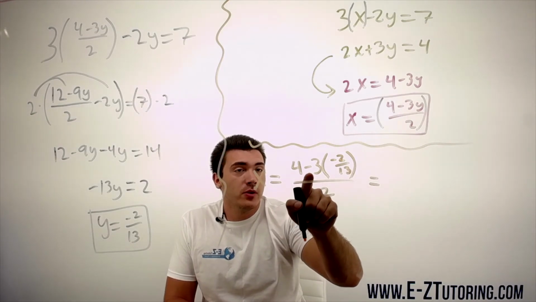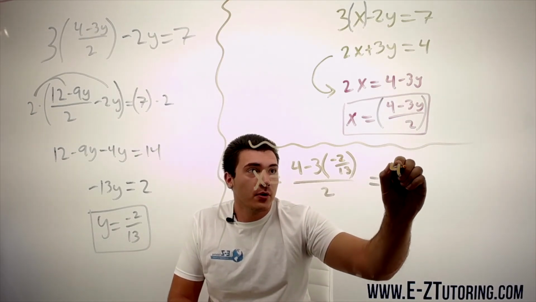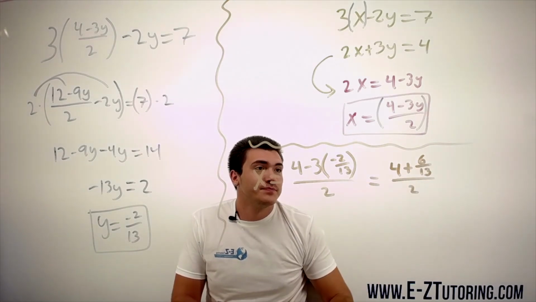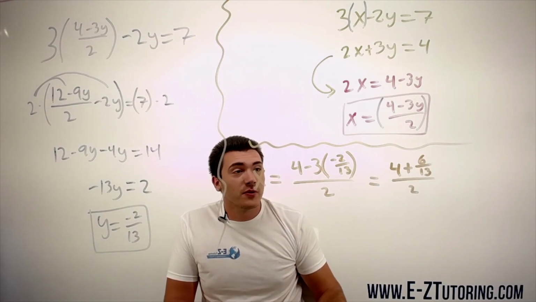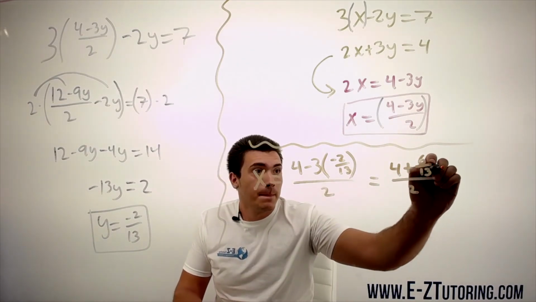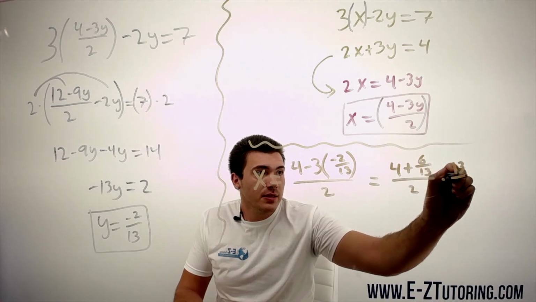So distributing the negative 3 into here, we get 4 plus 6 over 13, all over 2. Now what we can do is multiply the top and bottom by 13 to get rid of this fraction. So times 13 over 13.